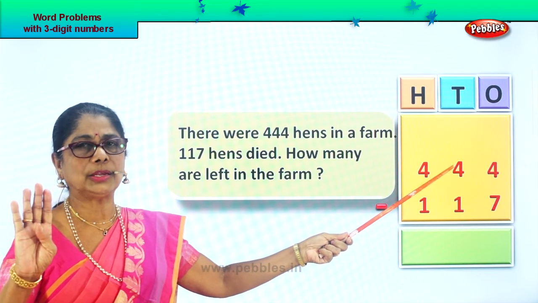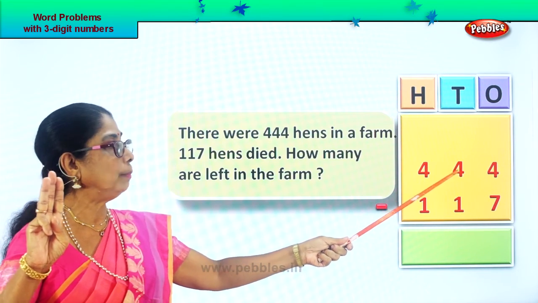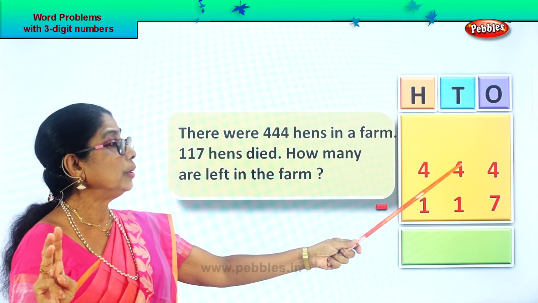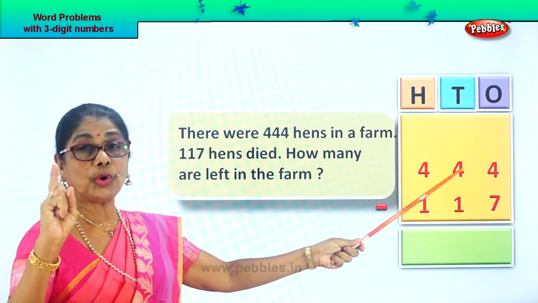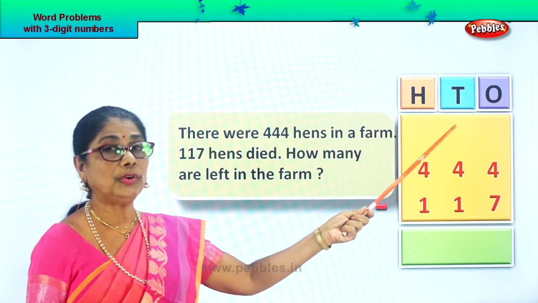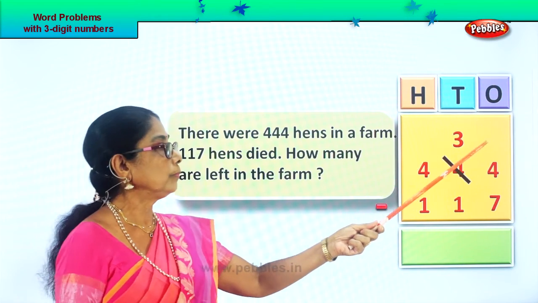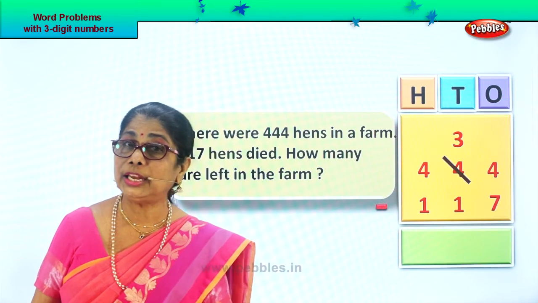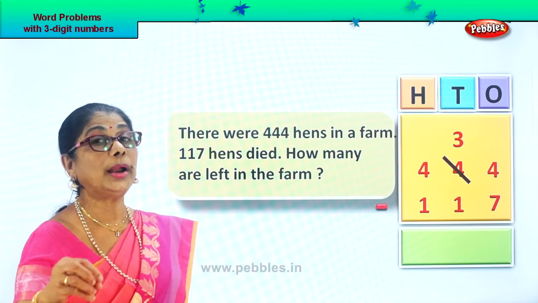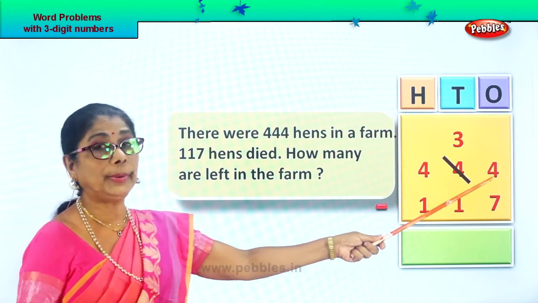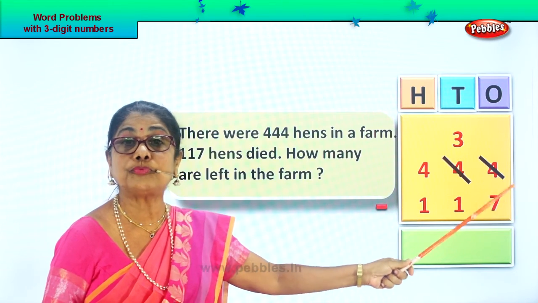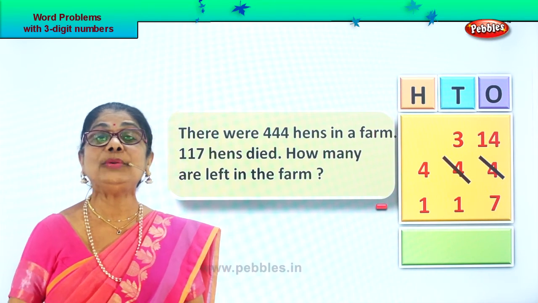There are 4 tens. Take 1 ten. Borrow 1 ten. So that will become 3 tens. Then we write 3 on the top. Now this 1 ten we borrowed, when we bring it to the ones place, becomes 10 ones. 10 ones plus 4 ones become 14 ones.